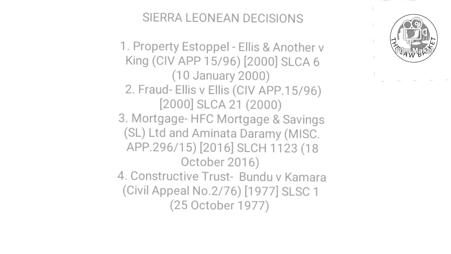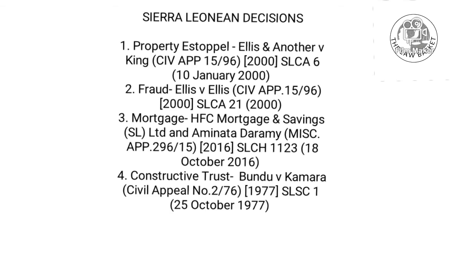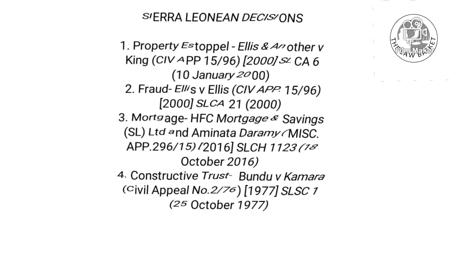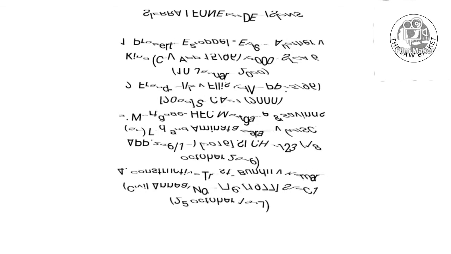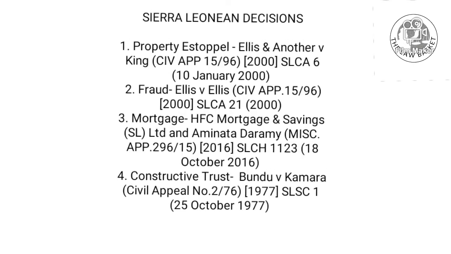Now, though Section 170 and Section 74 provide doctrines of equity, the other rules or principles of equity have been also recognized in Sierra Leone through court decisions in Sierra Leonean cases, such as proprietary estoppel, fraud, mortgage, and even constructive trust. So these other principles of equity have been recognized also, even though doctrines of equity is used to describe equity in Sierra Leone as part of common law.